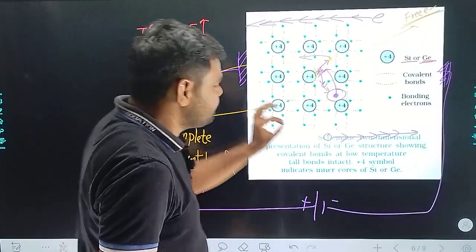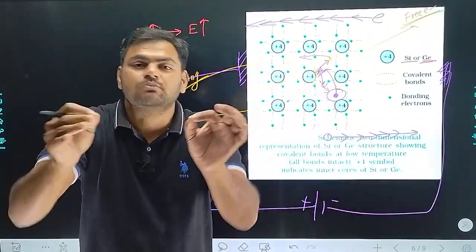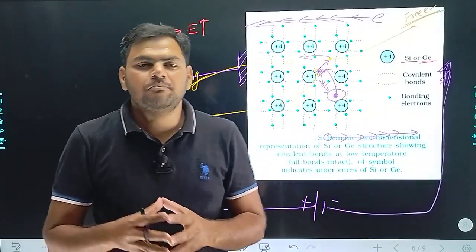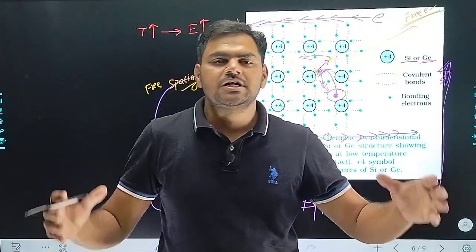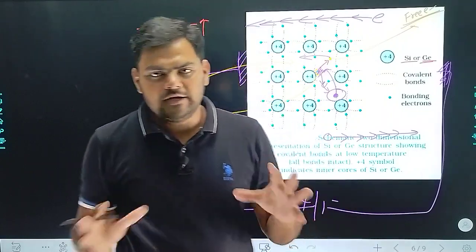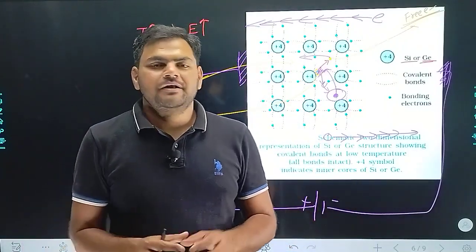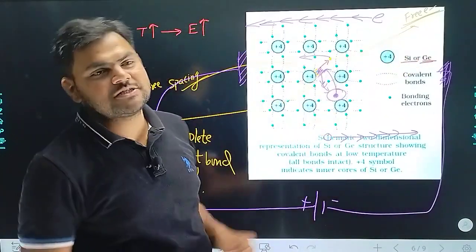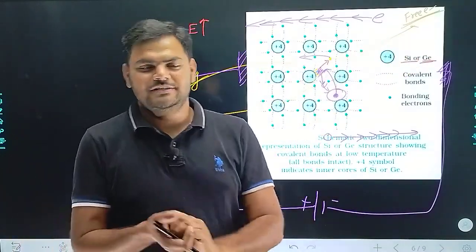So here is the movement of holes. Now write down the point which I am saying. Movement of holes from the positive terminal to the negative terminal causes hole current in the semiconductor. Next point: movement of free electrons from the negative terminal to the positive terminal causes the free electron current.